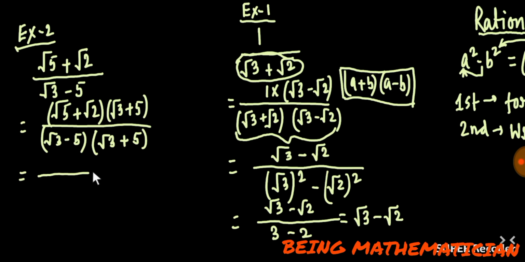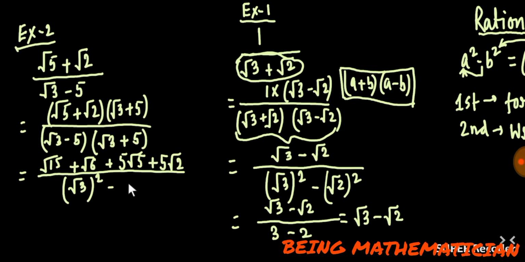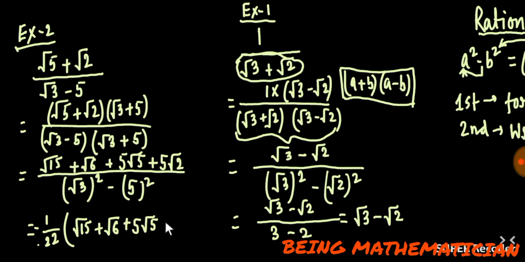So clearly we can do this multiplication, then it will be root 15 plus root 6 plus 5 root 5 plus 5 root 2, and in the place of denominator it is root 3 square minus 5 square. So the final answer is minus 1 by 22 into root 15 plus root 6 plus 5 root 5 plus 5 root 2.